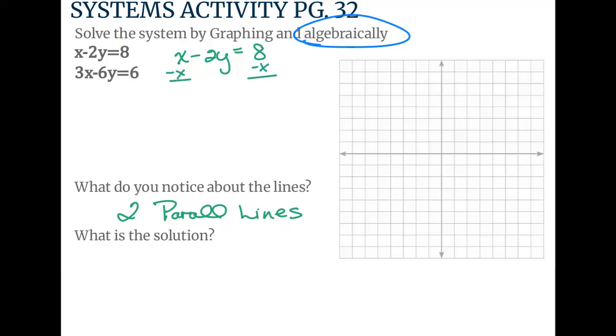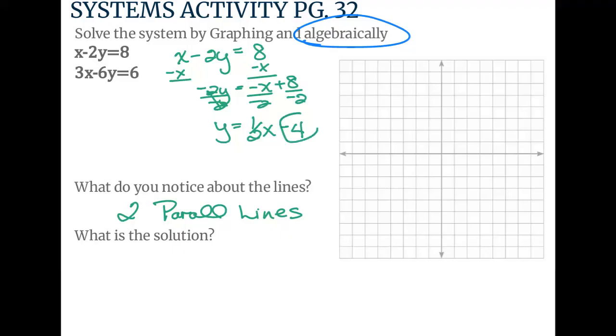All right, so if I'm going through this quick, negative x plus 8 divide by negative 2, and I get y equals 1/2 x minus 4.